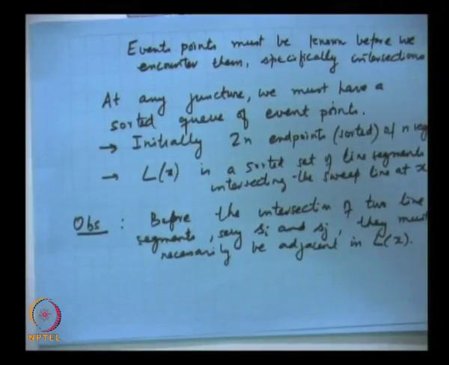So, this is the real crucial observation, and this is what is going to actually help us design an efficient algorithm. See, the reason why we are stuck with that n square bound or n choose 2 bound is because we have no idea which two segments can potentially intersect. Right.